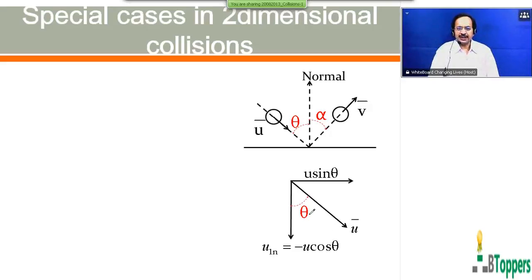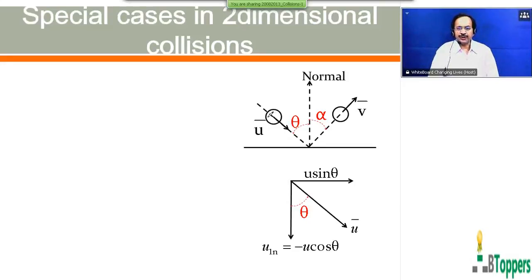The u bar makes an angle theta with the vertical direction here. The component of u bar tangential to the smooth plane has magnitude u sin theta. The component acting normal to the smooth plane has magnitude u cos theta, but it acts downwards.